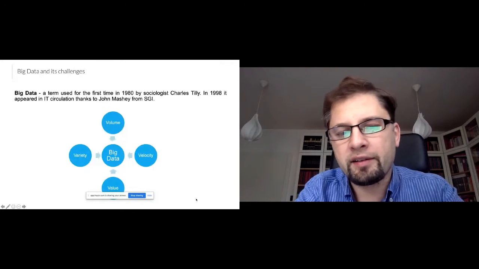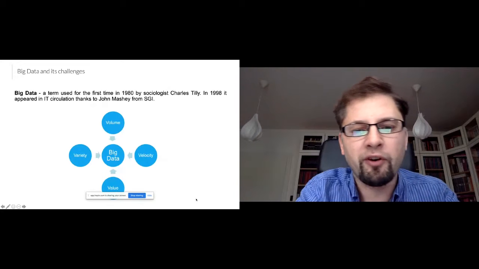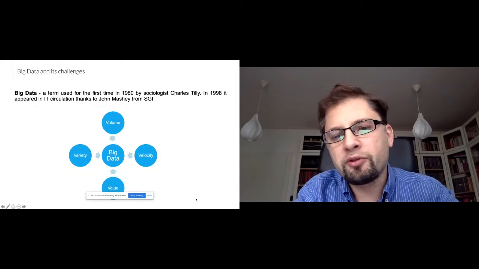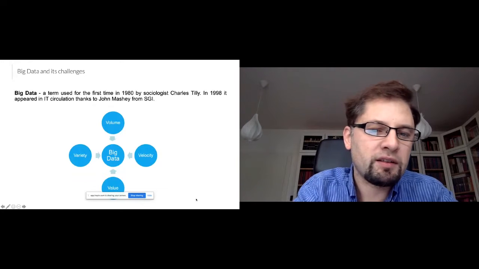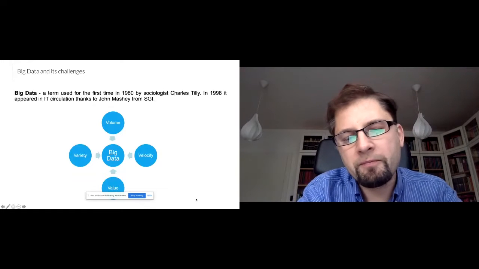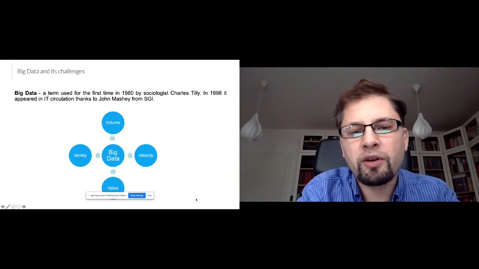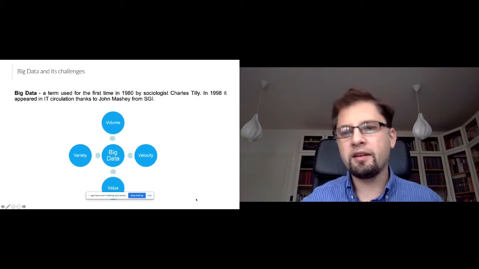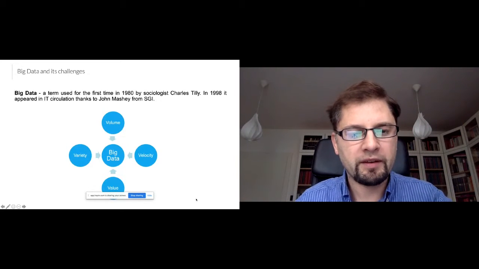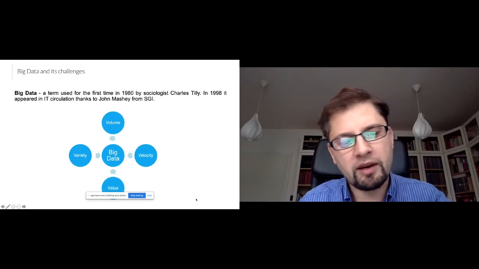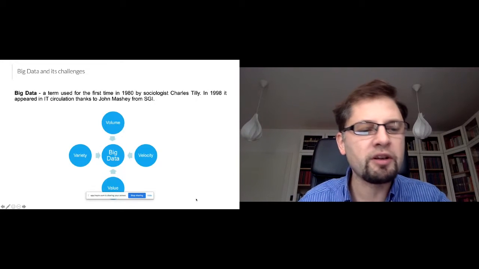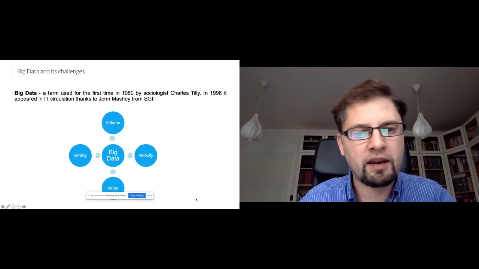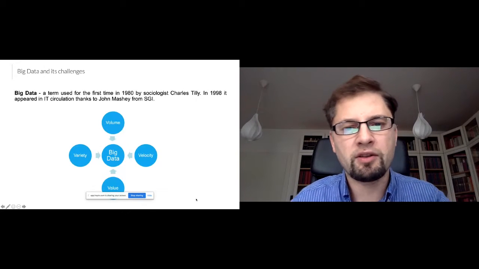So all the analysis has to be performed very quickly. We try to deliver value to everyone who's interested in using our services. And what is also important, this data which is available to us is very diverse. So we have a lot of information of various nature coming from different sources, which makes the data analysis process even more challenging.